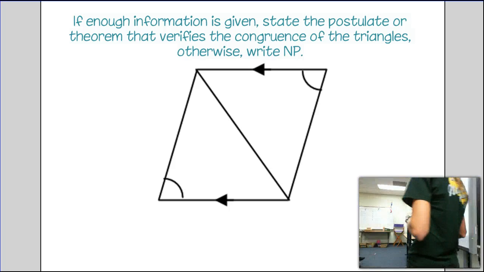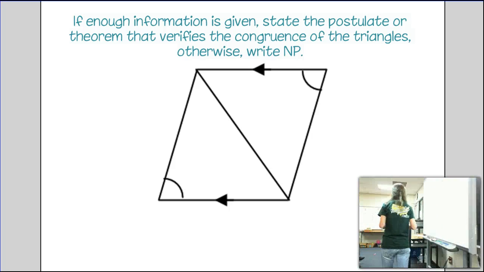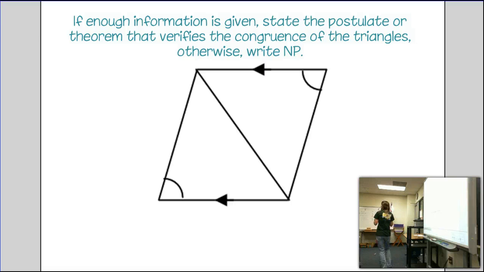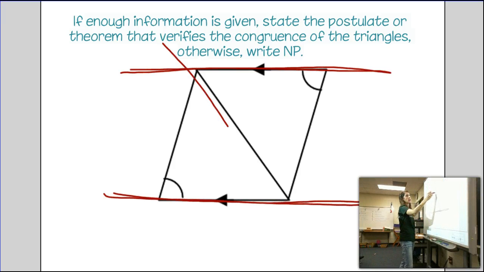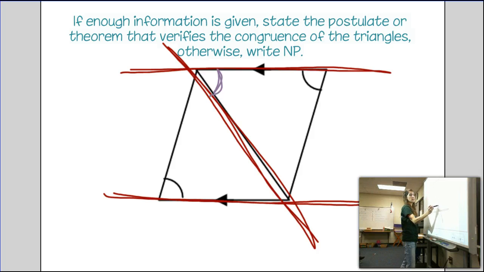Okay, I need everyone's 110% attention, because every year students really struggle with this. Can I show you what they struggle with? First thing you do is extend the lines, and you can extend the transversal. Now, there's this pair of alternate interior angles.